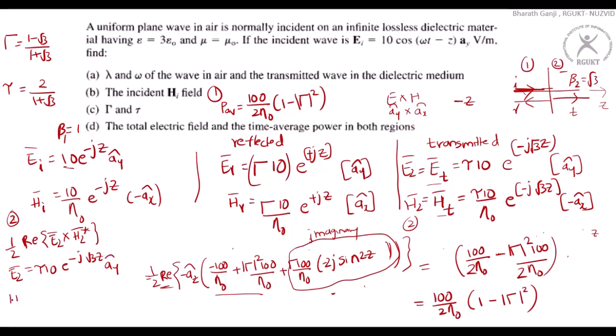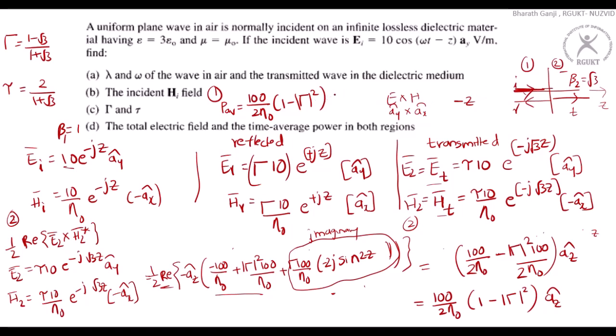And H2 is tau times of 10 divided by eta naught into e power minus j root 3 z times minus ax cap. I think in all these equations I've forgotten to write az cap here. Basically it's a vector.